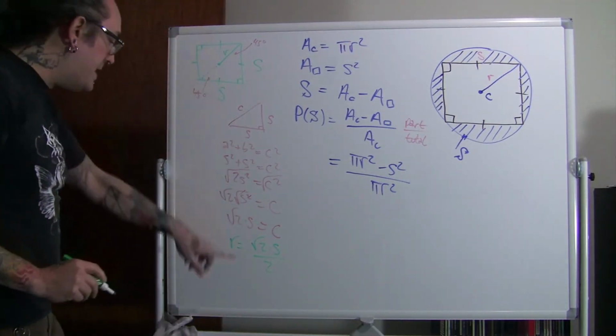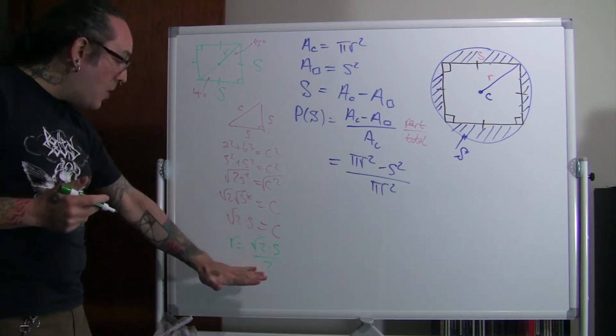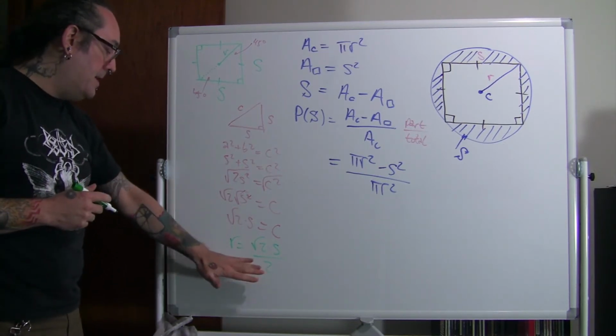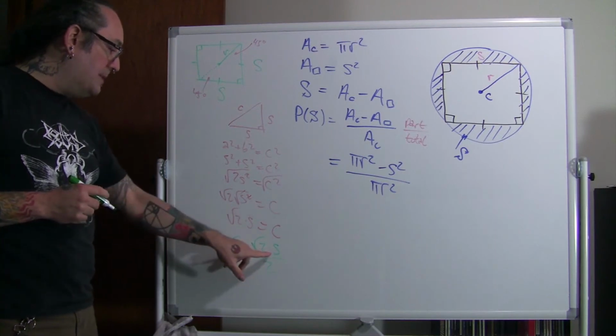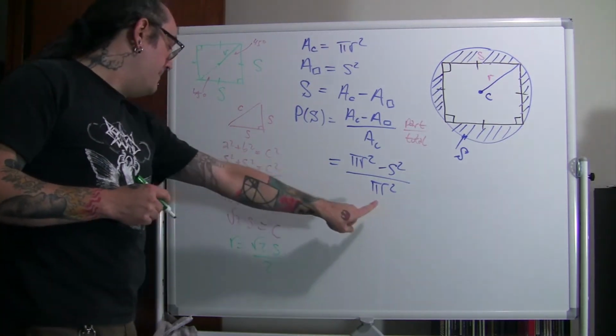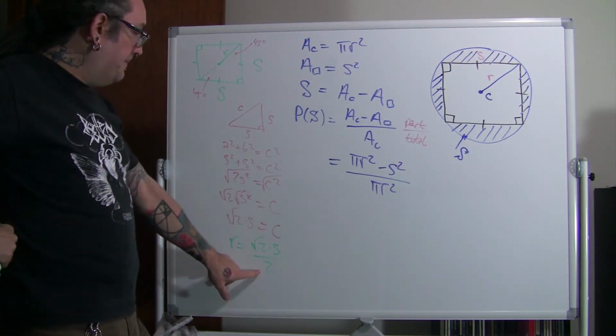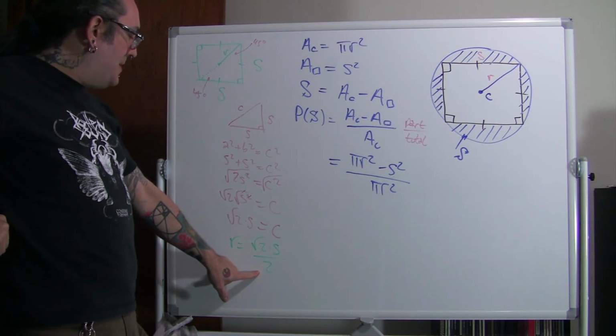To take half of anything is to divide it by 2. And now I have r in terms of s, which means anytime I see r, I can substitute this.